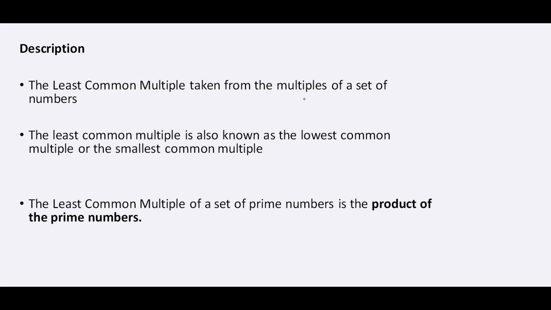So the least common multiple is taken from the multiples of a set of numbers. We also identify the least common multiple as the lowest common multiple or the smallest common multiple. And for prime numbers, the least common multiple is just the product of those prime numbers.